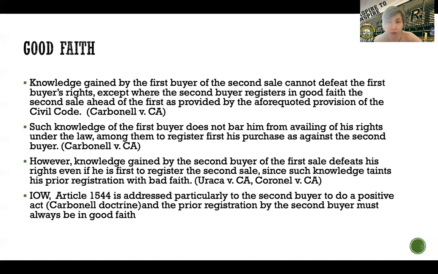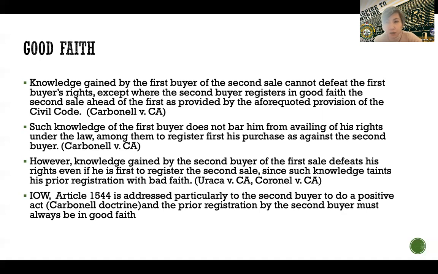So even if the first buyer had sold to the second buyer the same property, from the time of the second sale up until the time of registration of that second sale, there was no showing that the second buyer was in bad faith or had knowledge of the first sale.